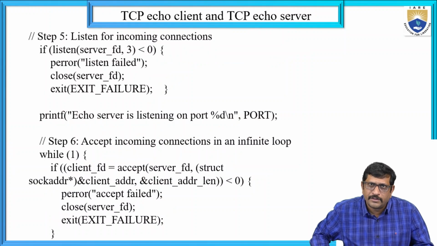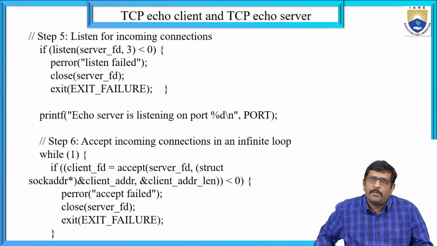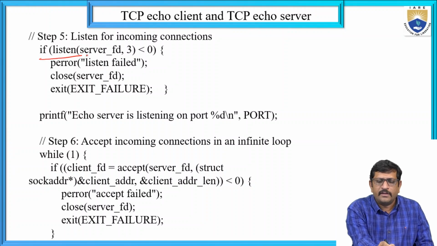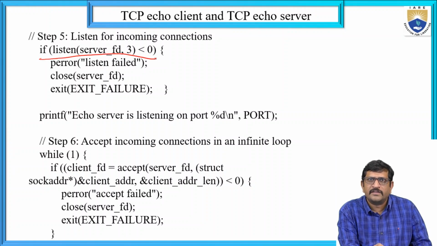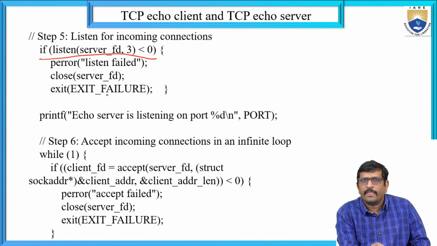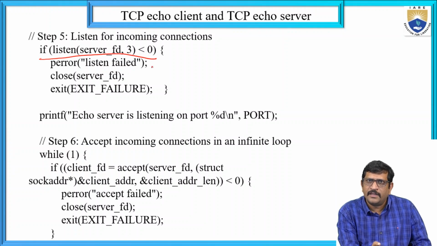Now listening for incoming connections: listen with server FD and 3. If it is less than 0, which is true, the listen will fail, closing the server connection and exiting with failure. If it is false, that means it is greater than 0, so now we listen for the connection, accept the messages and receive the messages from the client, and communication can be established.